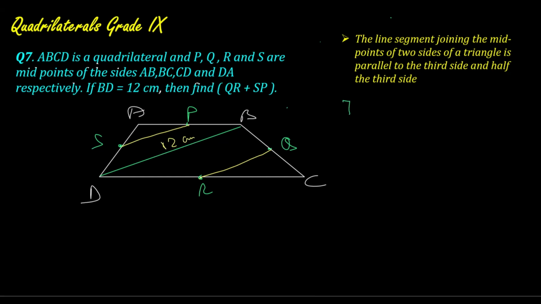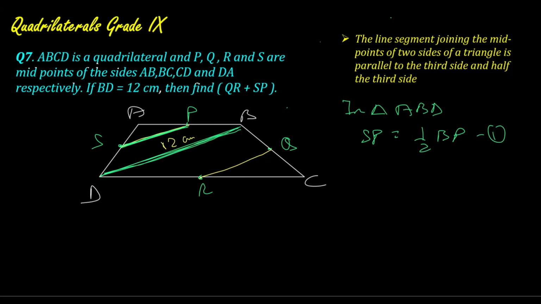So if I consider the triangle ABD, I can say that the length of SP is half of BD. Well, we need to mention that P is the midpoint of AB and S is the midpoint of AD. The line joining the midpoints of two sides is parallel to the third side and half the third side. So I'm using the half concept, right?